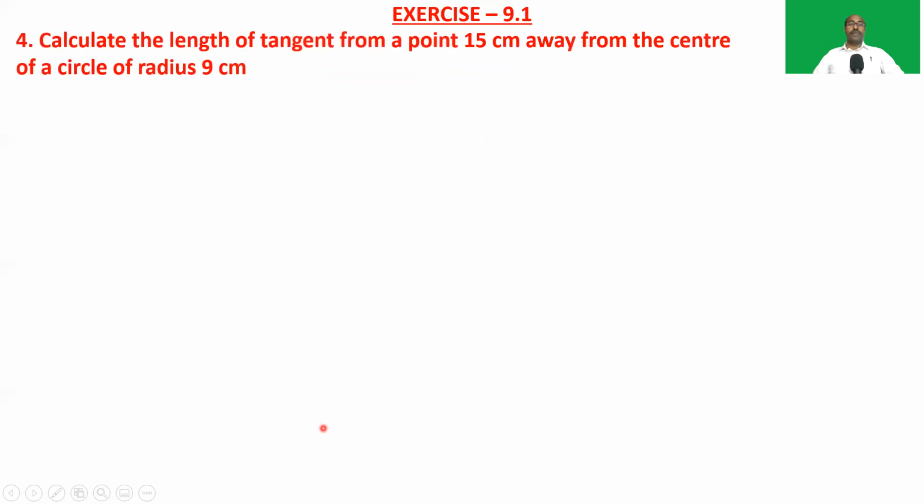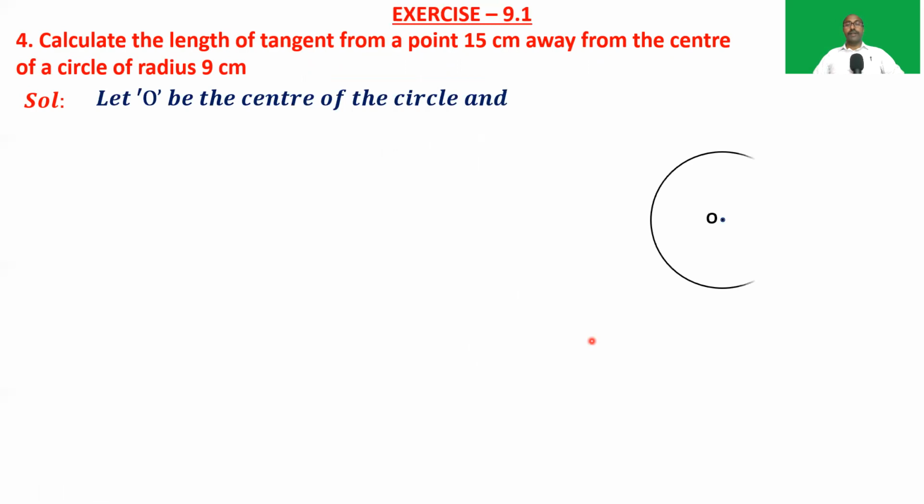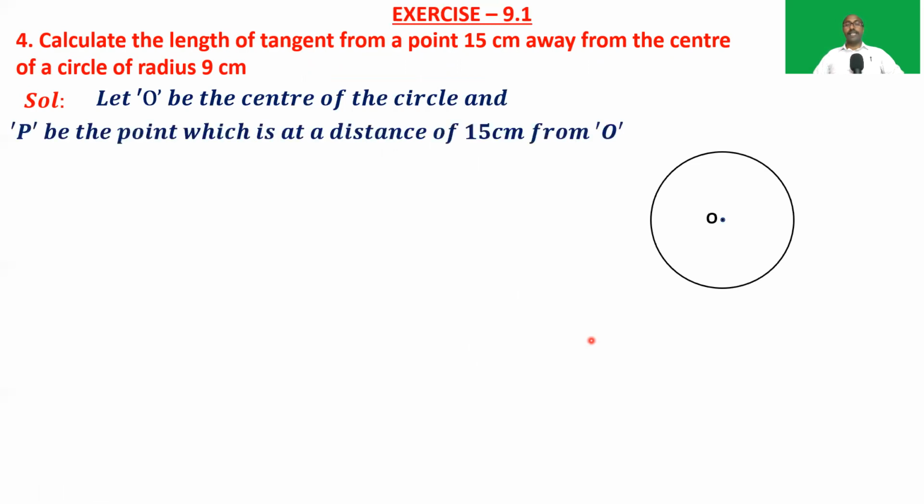Next, the fourth one. Calculate the length of the tangent from a point 15 centimeters away from the center of a circle of radius 9 centimeters. So take a circle with center O and let P be any point which is at a distance of 15 centimeters from O, like this.